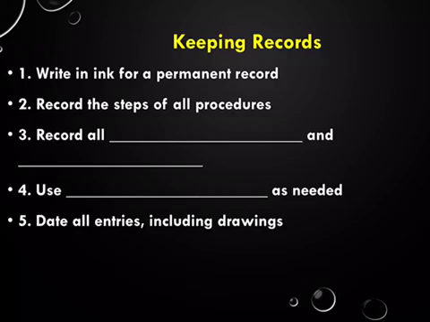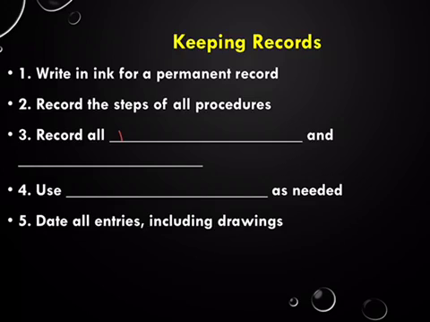When we do scientific experiments, you have to keep records of your data and your observations. So here are some rules of thumb or guidelines to follow. For one, write in permanent ink for your records. For us, it's really not a big deal because you'll be doing most of your record keeping on your iPads. You need to record all of the steps of the procedures.